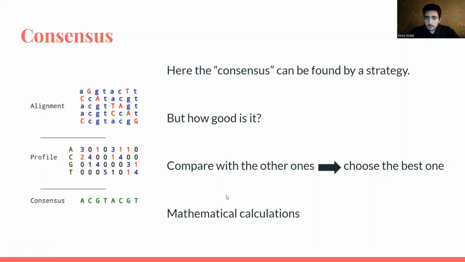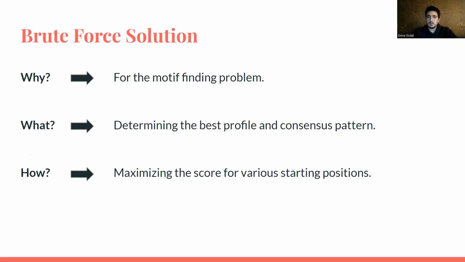But compared with other ones, we should choose the best one, and through the brute force algorithm, we can choose the best one by comparing all of the possible consensus and possible motifs that can be found. So there are some mathematical calculations for them, and the brute force solution.